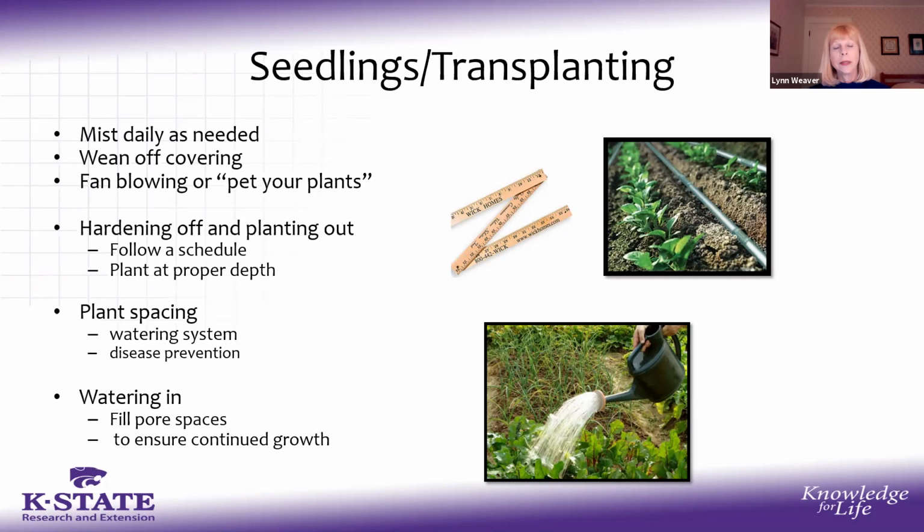You need to wean them so that they become used to your room environment. You can wean them off by either lifting the cover beginning for an hour each day, or peeling back a little bit of the plastic to allow room air in there. And over the course of 10 to 14 days, acclimate your youngsters to their new environment.